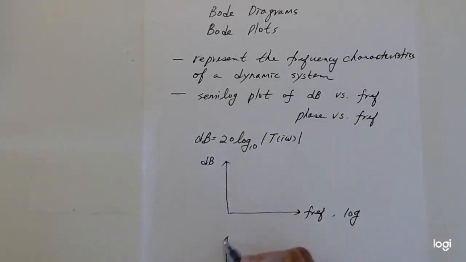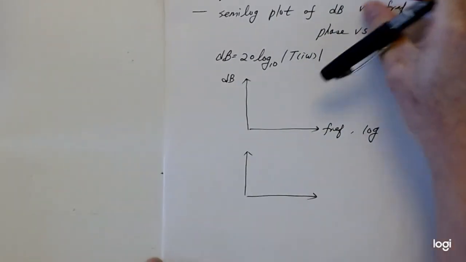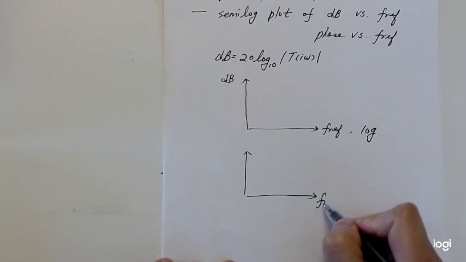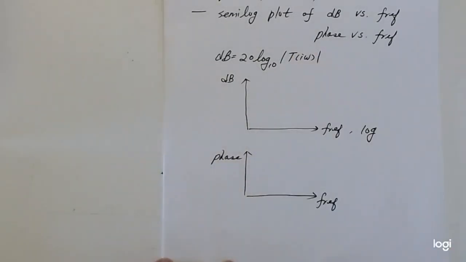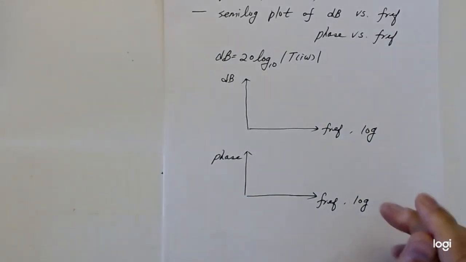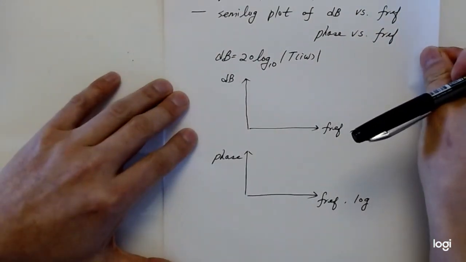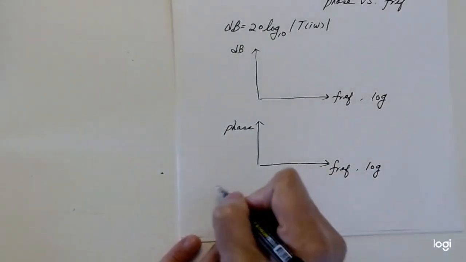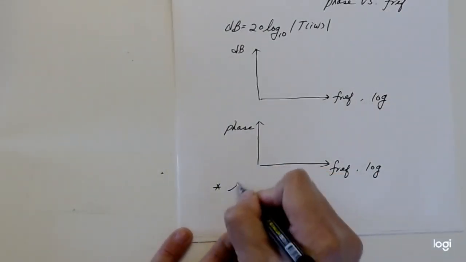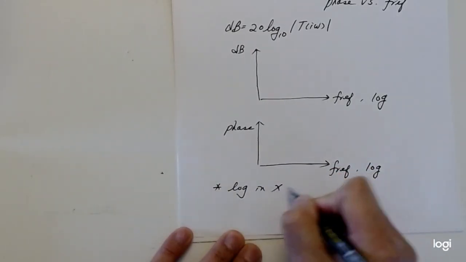And also, you have phase angle versus frequency. This is in log scale. So a typical question to ask is, why do we use log in the x-axis?